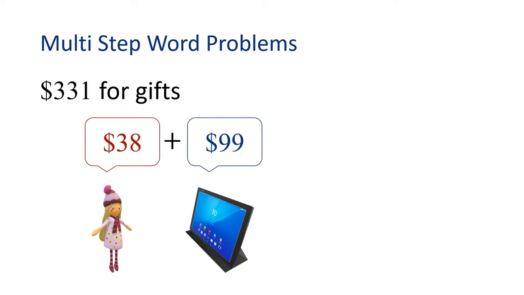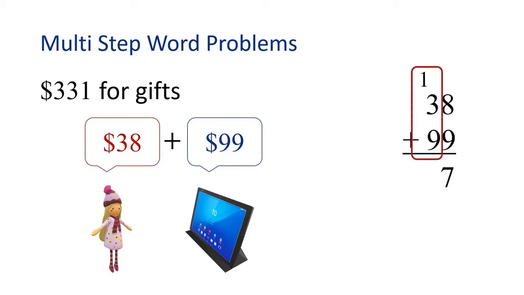I'm going to start by writing the addition problem vertically. And then I'll add the ones column. 8 plus 9 is 17. I know I can only put one digit below, so I'll write 7 below and carry the 1 to the tens column. Now let's add in the tens column. 1 plus 3 plus 9 is 13.